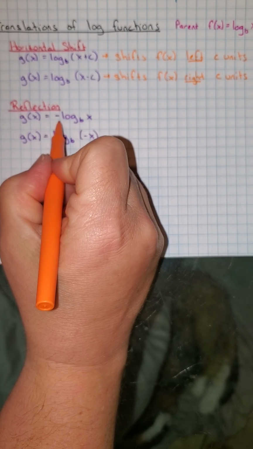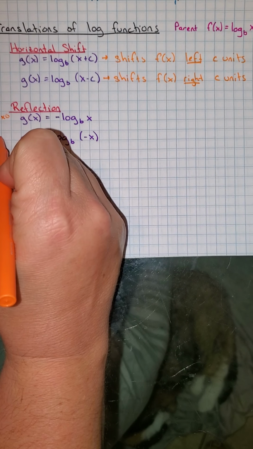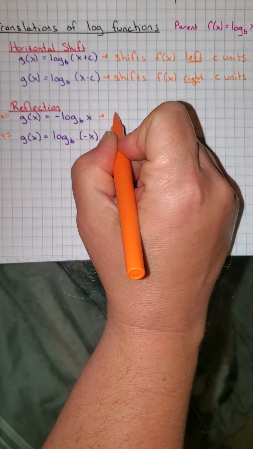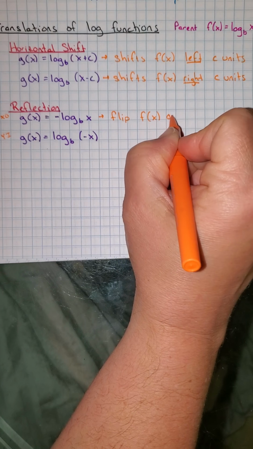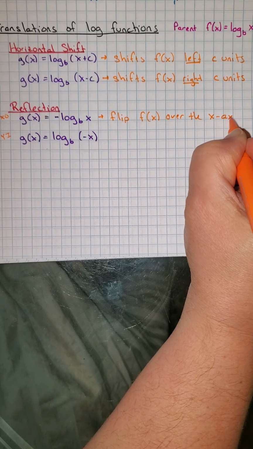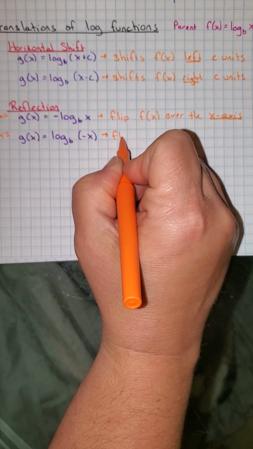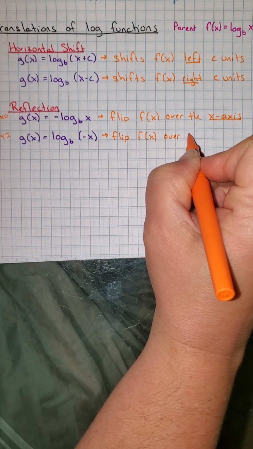Okay, so this negative is on the outside, so we have x's and o's. On the inside, y's and i's. Okay, so this will flip f of x over the x-axis. This one will flip f of x over the y-axis.